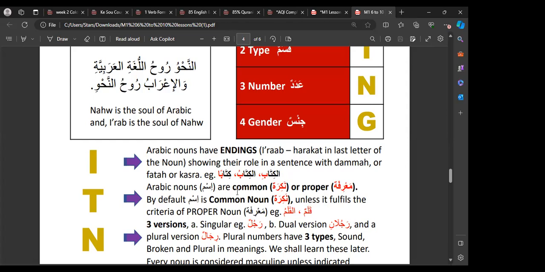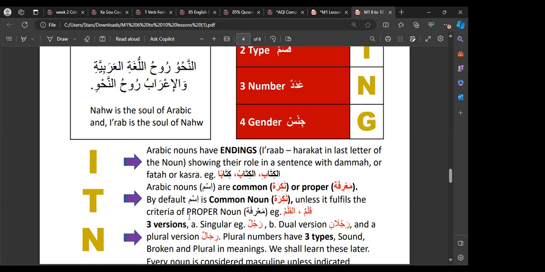By default, nouns are common. The default position is that a noun is a common noun, a nakira, unless it fulfills the criteria of the proper noun. Remember, we learned how to change from a nakira to a ma'rifa by adding an al, etc. Unless they have those conditions, all nouns are nakira.